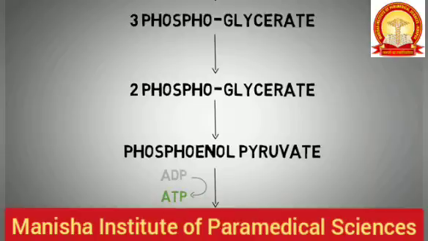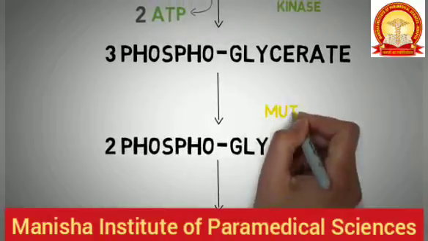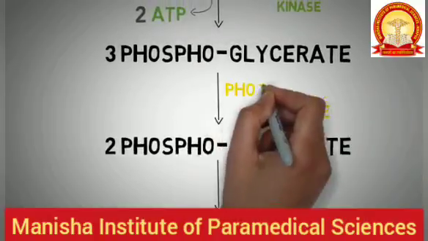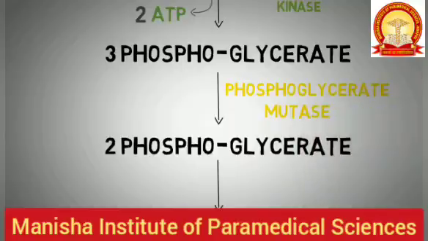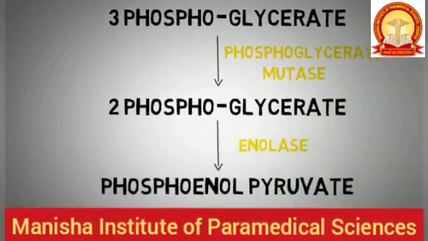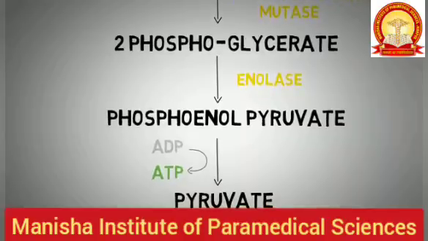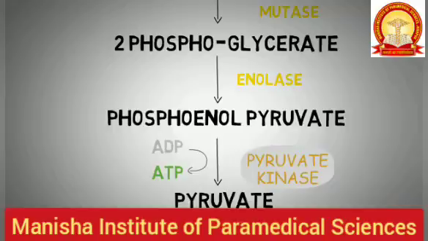This phosphoenol pyruvate then gets converted into pyruvate. The enzyme which converts 3-phosphoglycerate to 2-phosphoglycerate is a mutase, more particularly known as the phosphoglycerate mutase. After that, we have the enzyme enolase that acts on 2-phosphoglycerate to convert it into phosphoenol pyruvate. After this step, the enzyme pyruvate kinase acts on phosphoenol pyruvate to convert it into pyruvate.